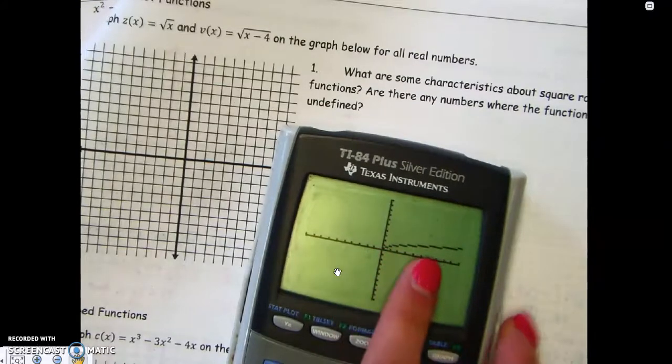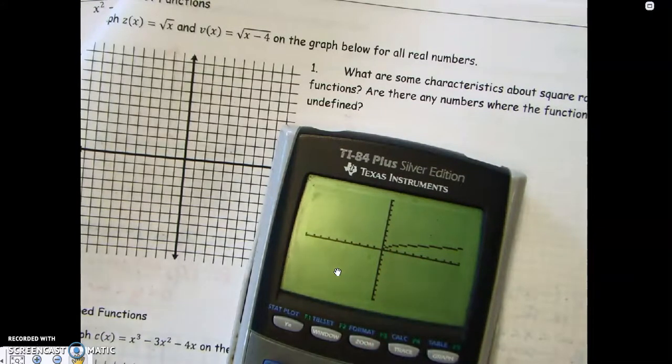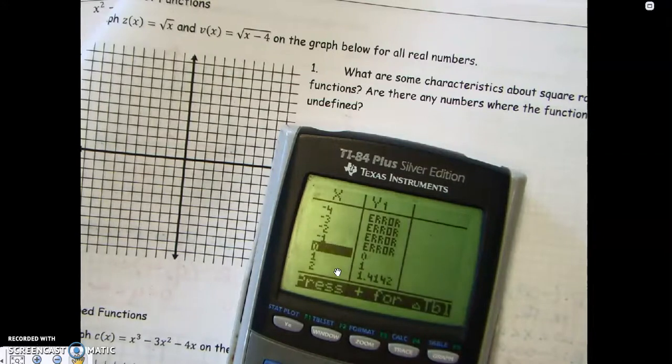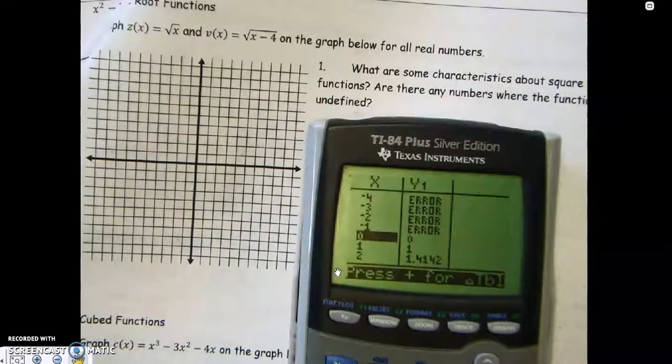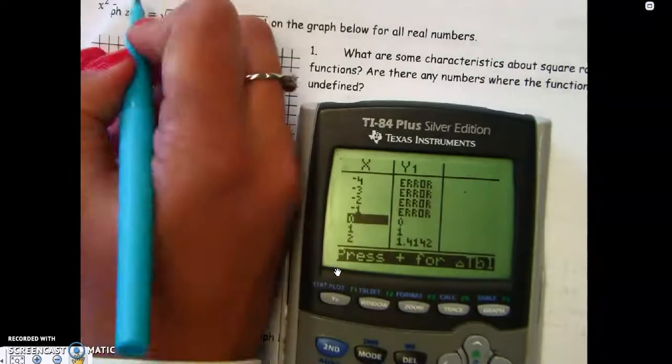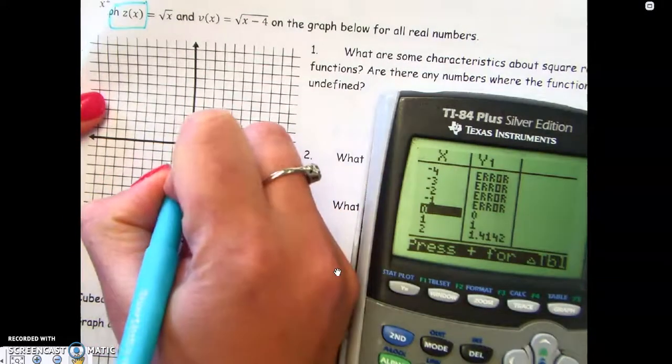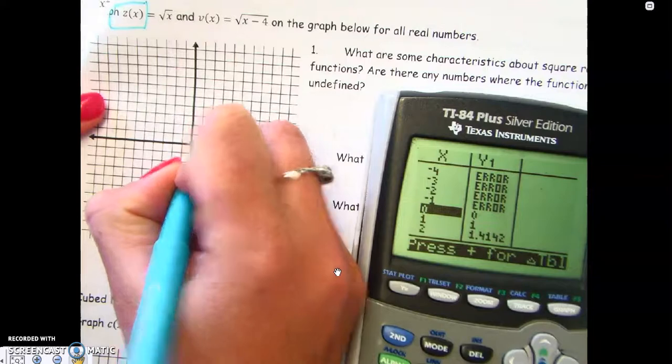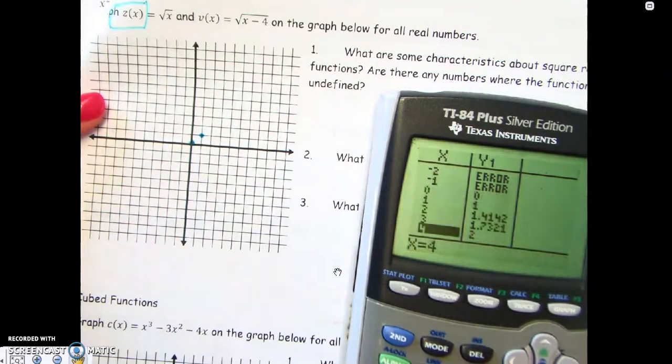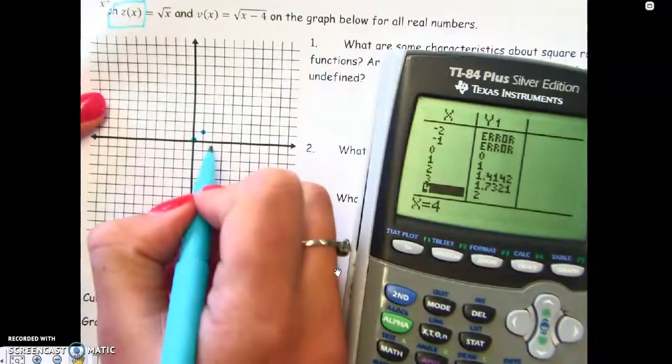Okay, so as we're talking about, the graph comes from the middle, and that's because you can't take the square root of a negative number. So when I go to write my table, I can just plot the points just as I did before. I'm going to do z of x in blue. So I'll do 0, 0, 1, 1. The next nice one is 4, 2.